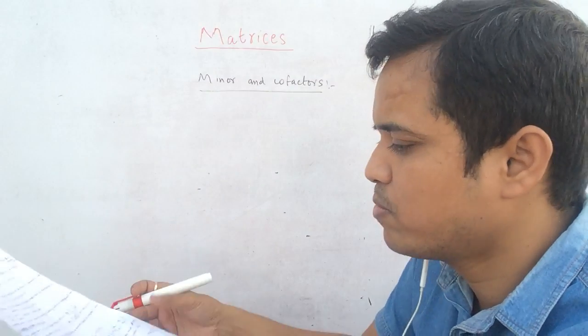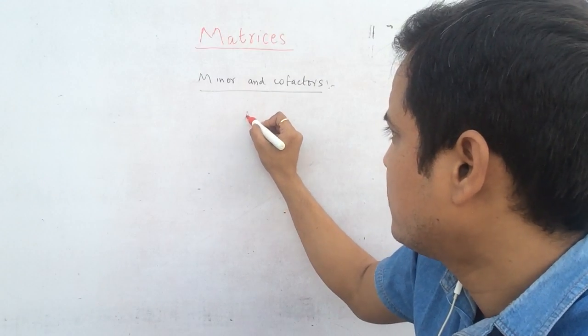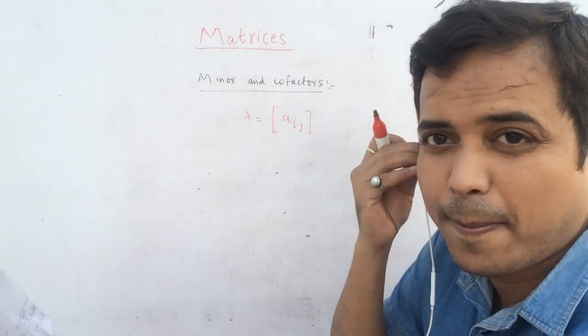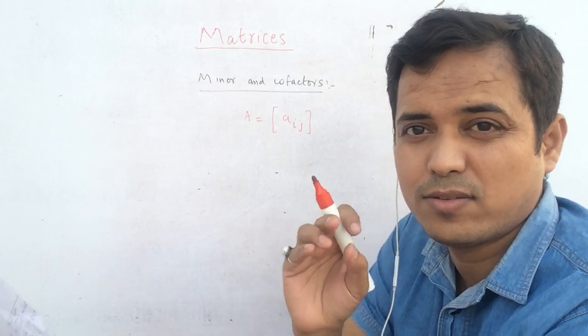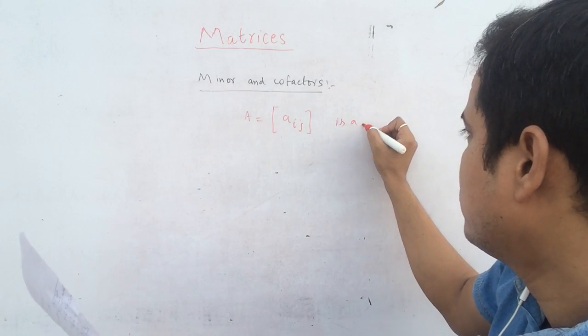Now, when we talk about the minor of a matrix, you first have to understand what A is. A is a matrix, and it is a square matrix of order n.